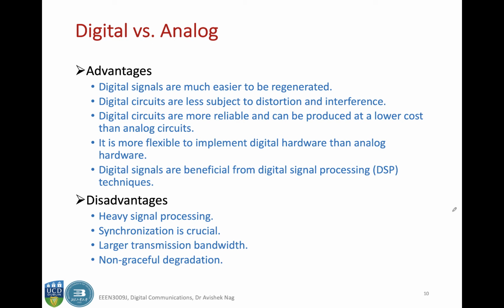Synchronization is very crucial in digital systems, as you saw in the block diagram in the previous slide. Larger transmission bandwidth is required for digital systems, so that is a disadvantage again. And non-graceful degradation: the hardware degrades very sharply in digital communication systems, so that is another disadvantage. But you can see there are more advantages than disadvantages, so that's the whole point of studying digital modulation, digital communication.